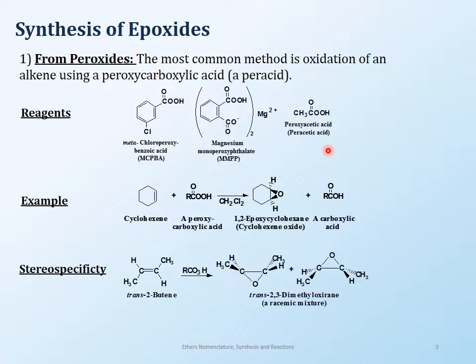These reagents, they all have an extra oxygen. And because of that extra oxygen, they're actually very good oxidizing agents, and they can readily give this oxygen away. So the simple synthesis for an epoxide is taking an alkene, whatever you want to start with, and adding the peracid to it, and that's how you get the epoxide.